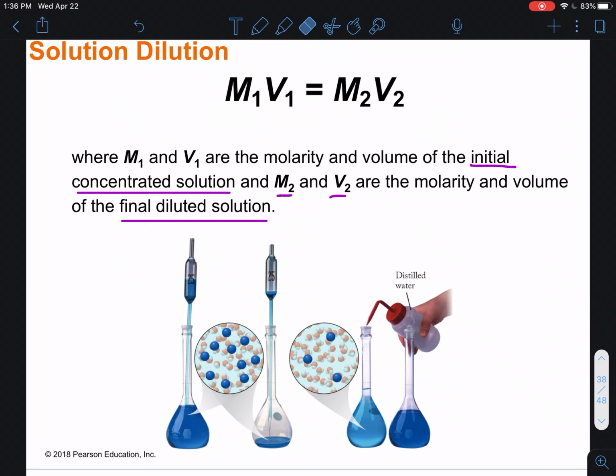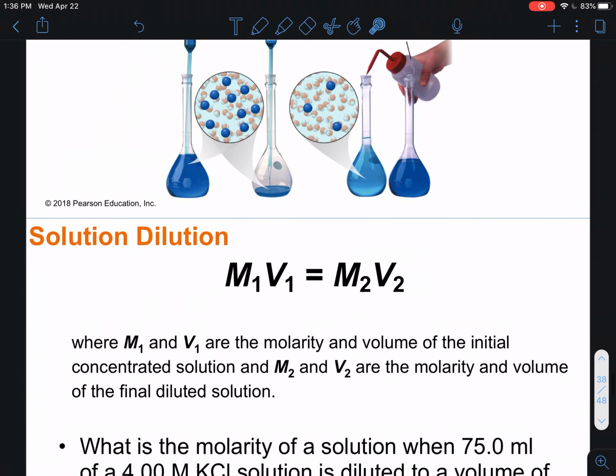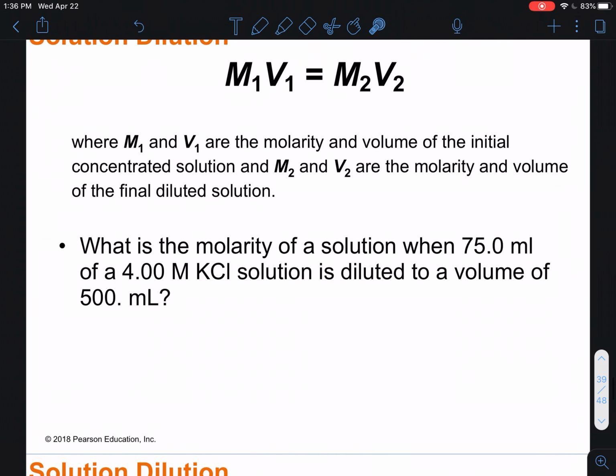And so we're going to use this a lot. The only time that people have problems with this formula is identifying what's M1, V1, and M2, and what's V2, okay? And so we'll just go through it. So what is the molarity of a solution when 75 milliliters of a 4.00 molar KCl solution is diluted to a volume of 500 milliliters?